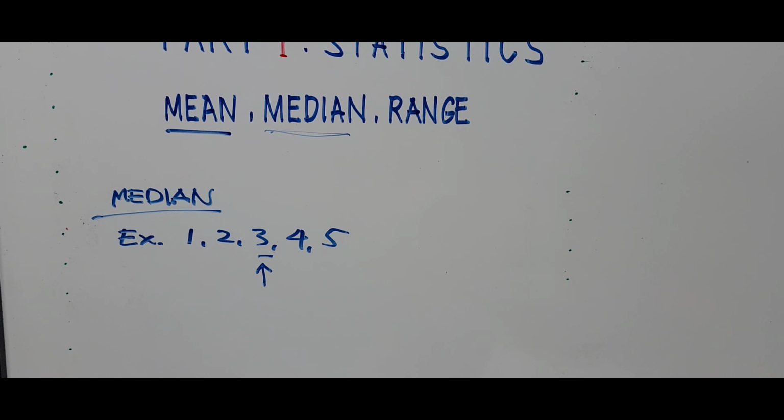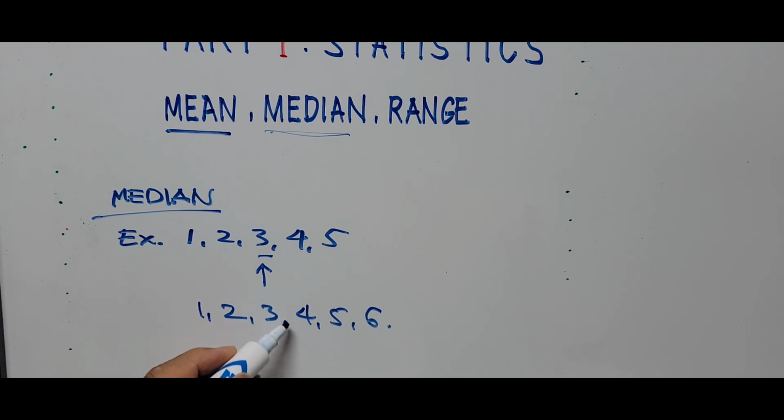So when it comes to even numbers, we have to average the middle two. Let's say over here, if we add 6 to these values now, there will be 1, 2, 3, 4, 5, 6. So there are 6 values.